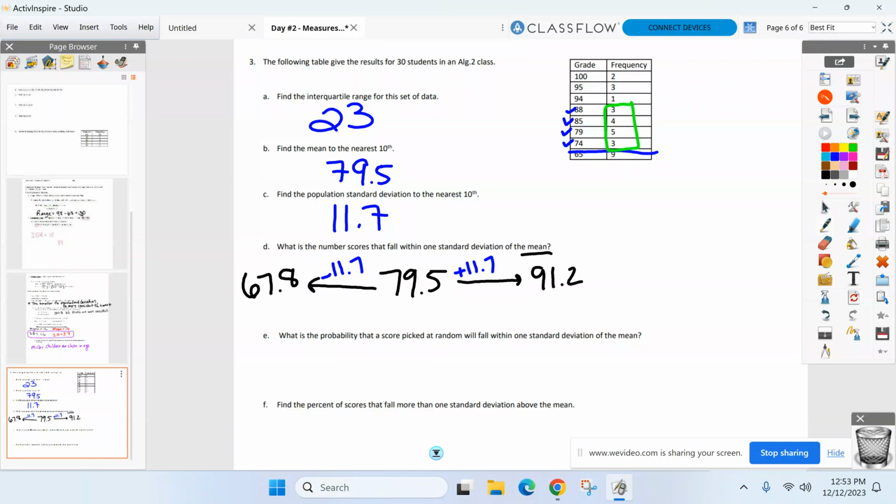So the actual answer to this question is going to be what? 7 and 8? 15 scores? 15 scores fall within one standard deviation of the mean. Within one means in between, above and below. So I add it and subtract the standard deviation to find it. Ask anything here. All right, next one.